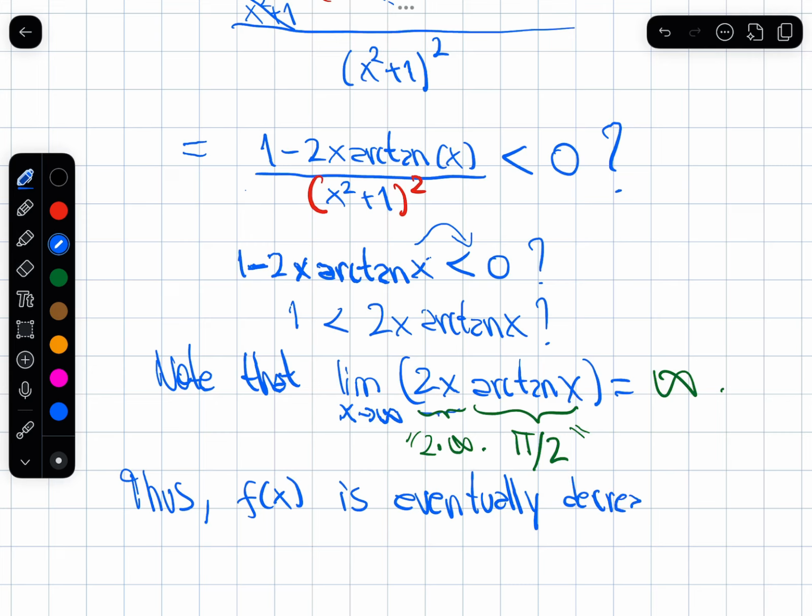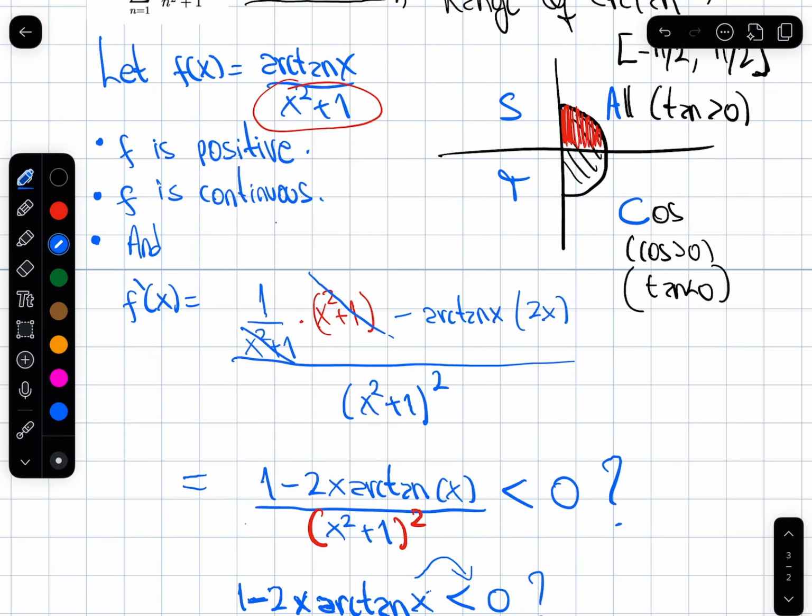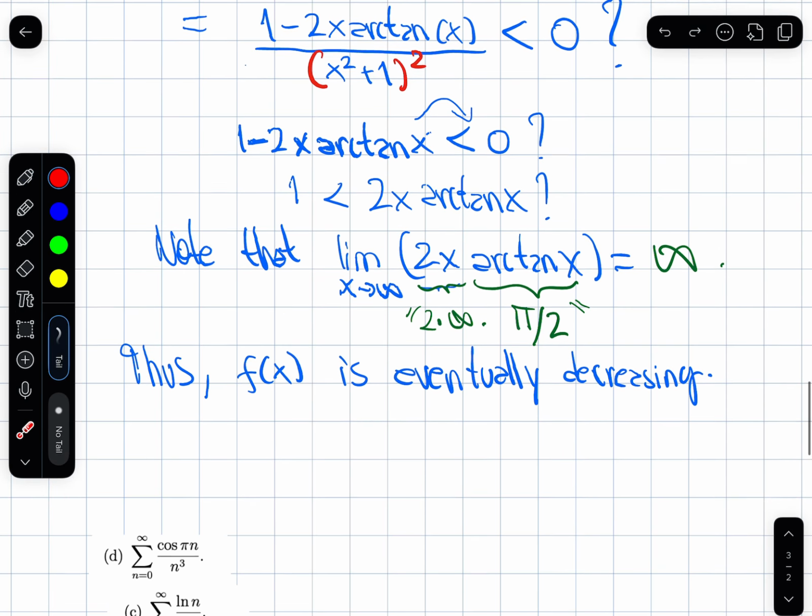Even though I don't know for sure that it's decreasing immediately, I don't really care. It is going to be decreasing at some point for a large enough x. Hope that makes sense. This is the third bullet point in me checking the conditions for the integral test. And I'm now going to just go ahead and apply it.